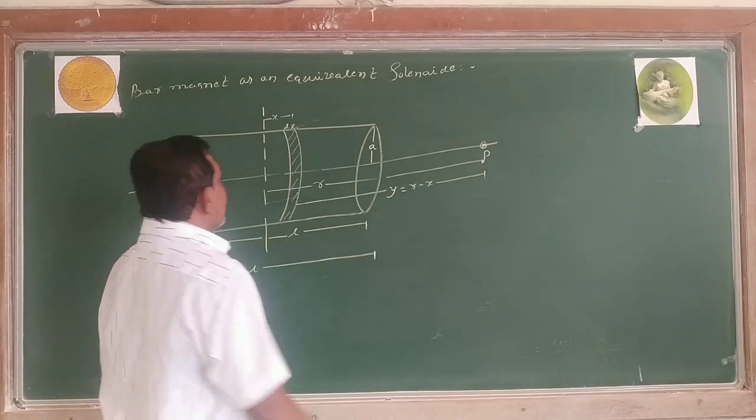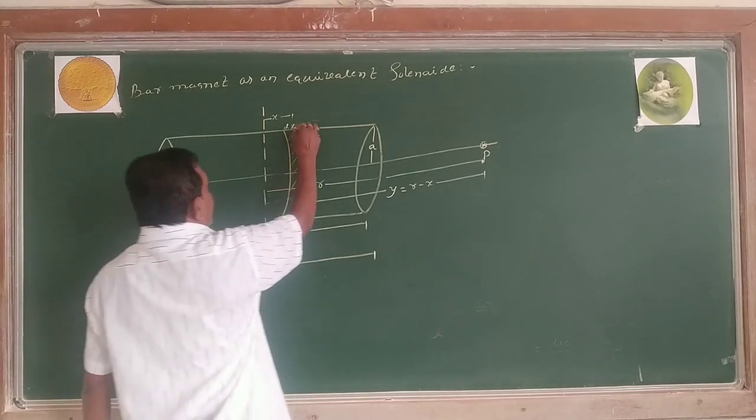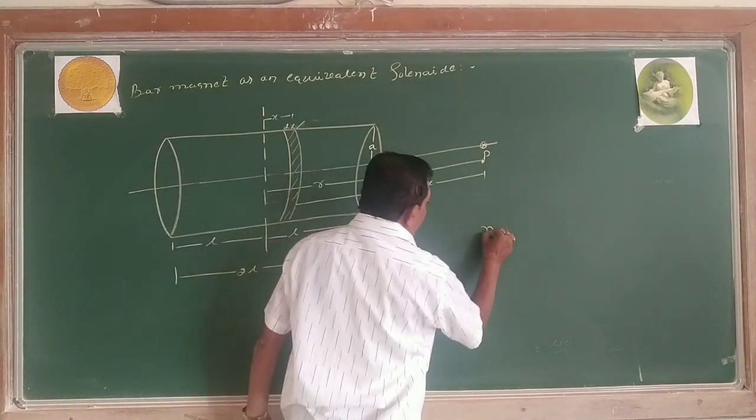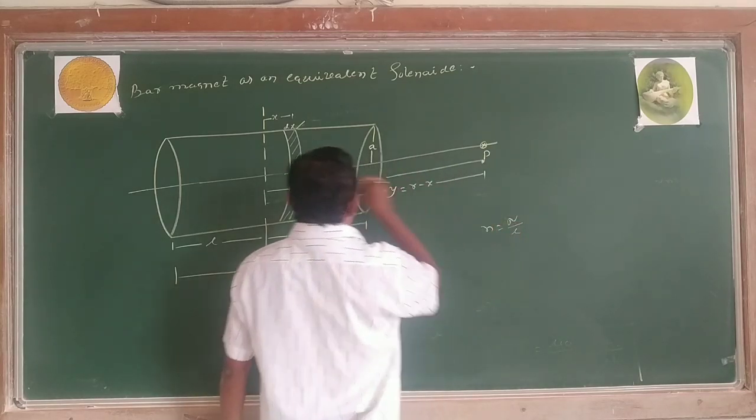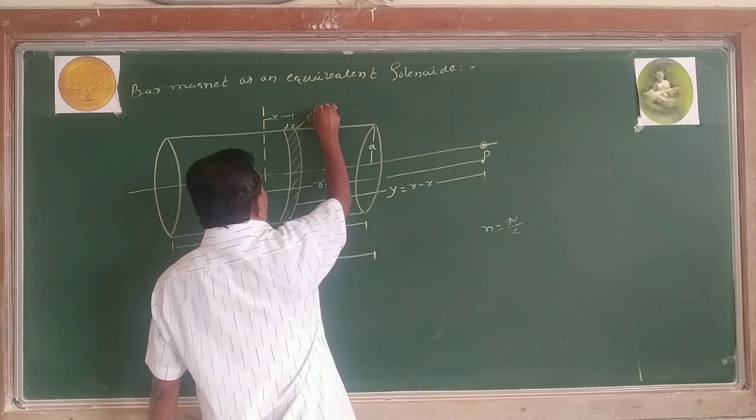So, it consists of a number of turns. Then we know that small n equals the number of turns per unit length. So, the number of turns capital N equals n into dx.